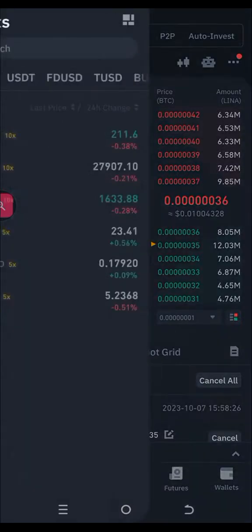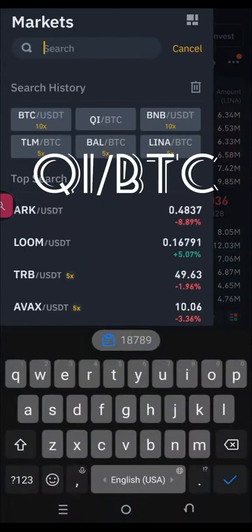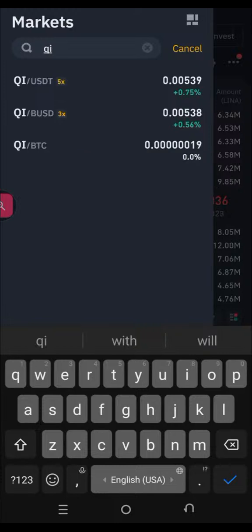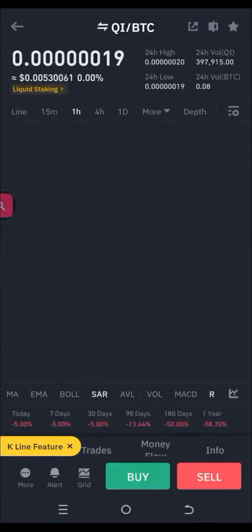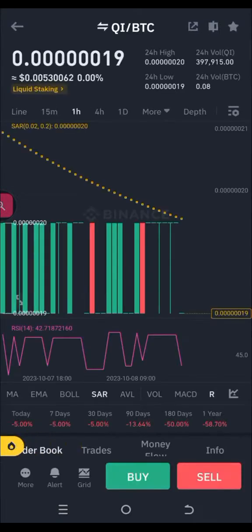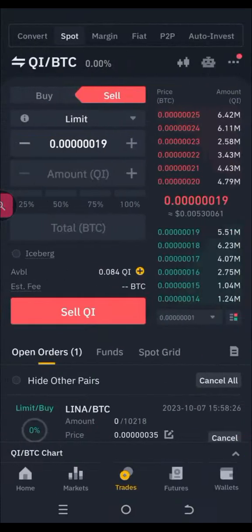So, I thought of doing QI BTC. Let's check on QI. QI BTC looks like it's on the low. Let me check the chart whether the next move is for it to go down lower. It might and it might not, but it's currently on the downtrend. We hope it's not going to shoot up high. As you can see here, it's currently at 0.00019.